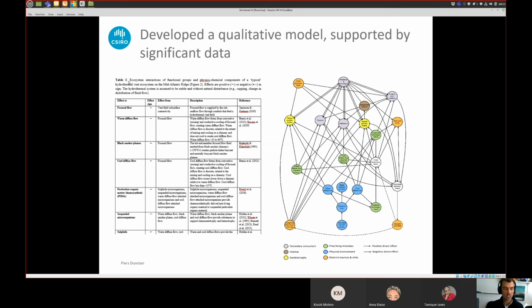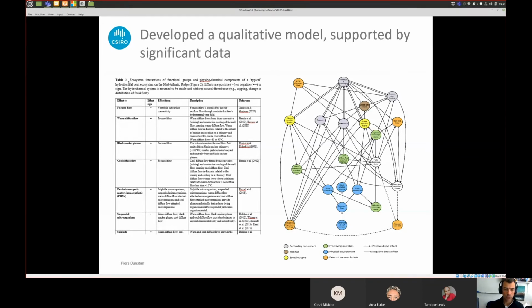And then on the left, you can see the detailed evidence and data that was used to actually identify every one of the arrows and every one of the components in this system. What's really clear here is that there is a very, very strong evidence base for each of the different linkages between each of the ecosystem components and the identity of each of those ecosystem components.